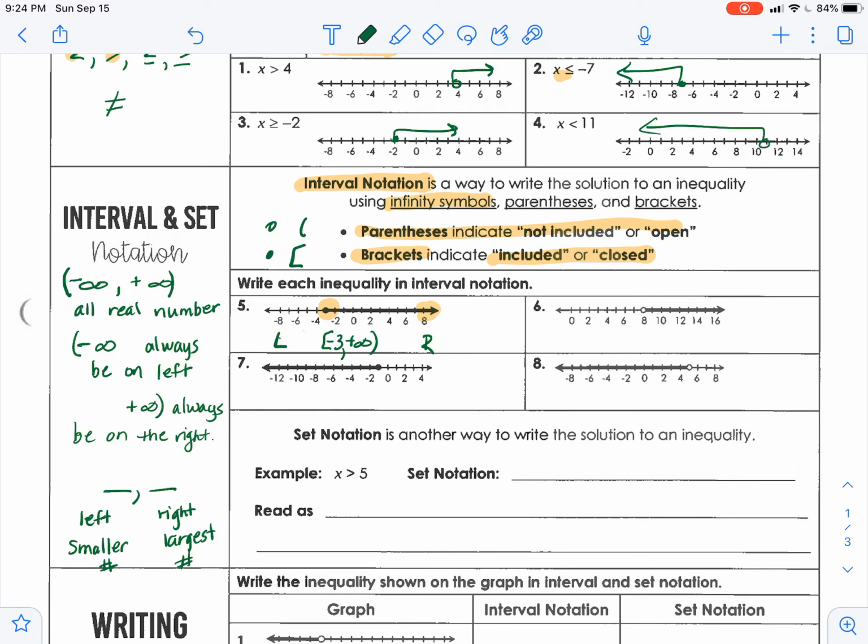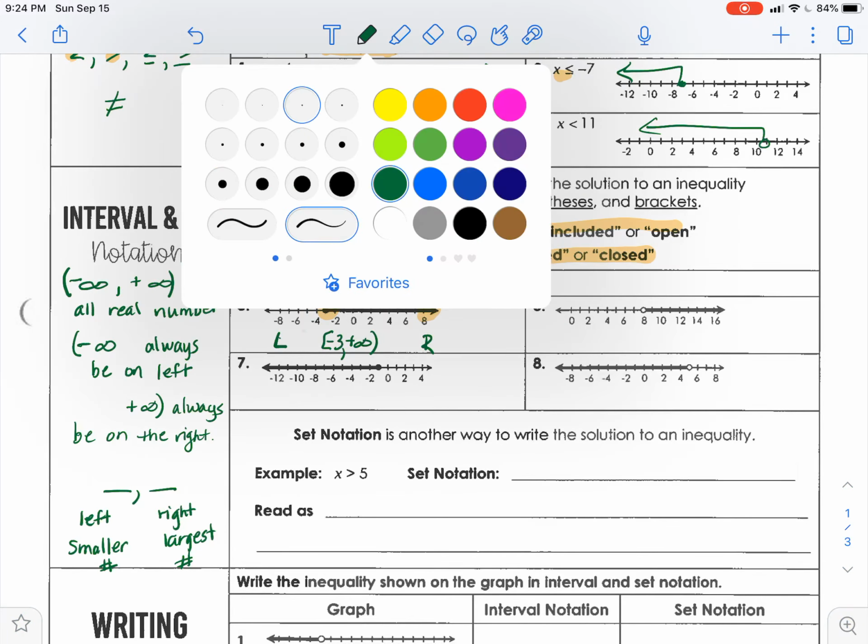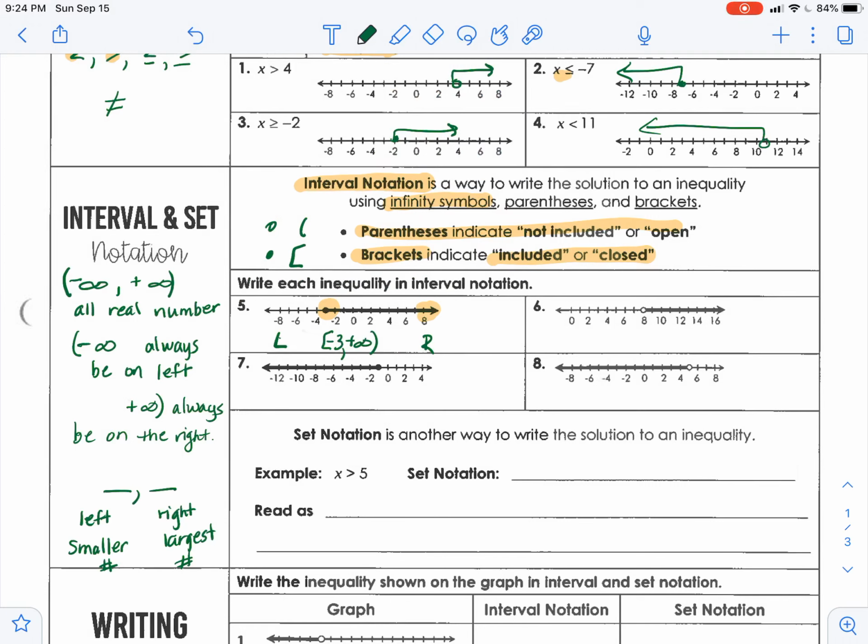Okay, so let's try 6. Take a minute, think about what I just said. So first off, left, right. So on the left, it's open. Again, open means parenthesis.